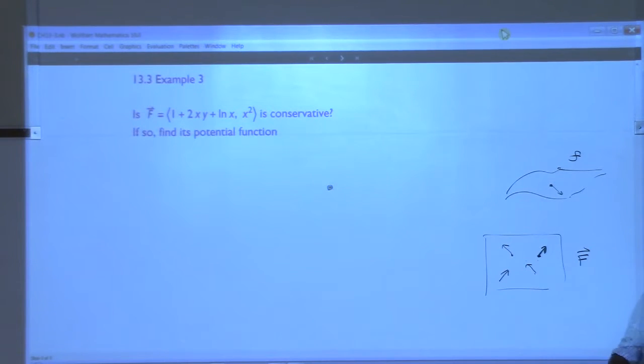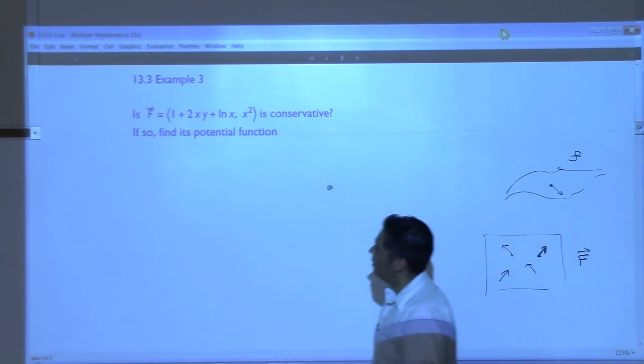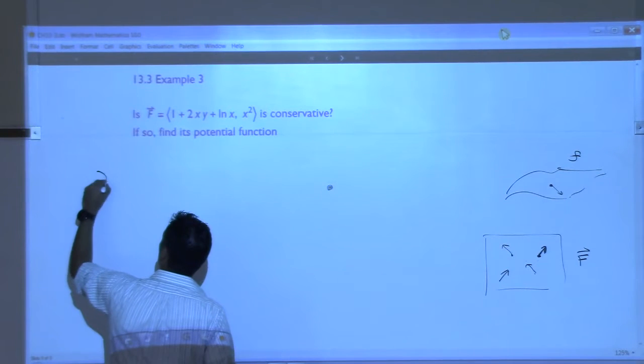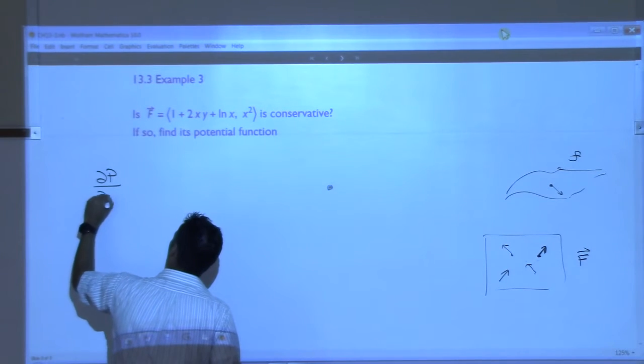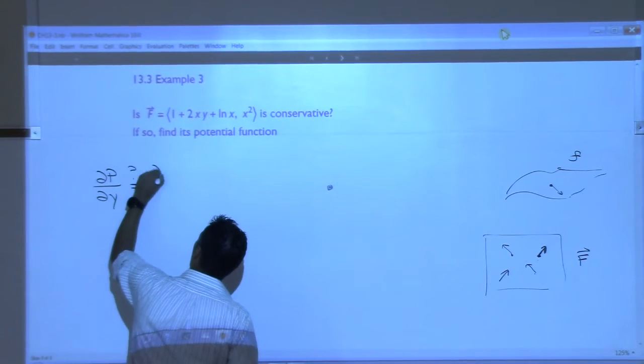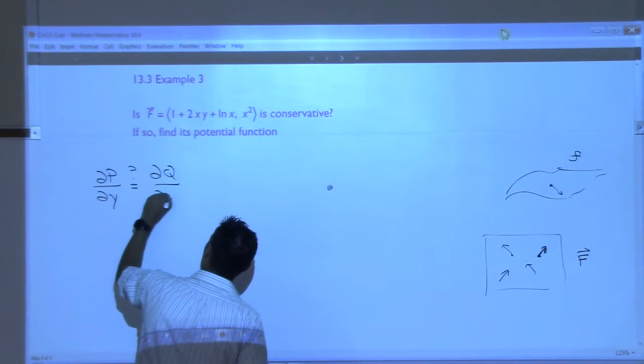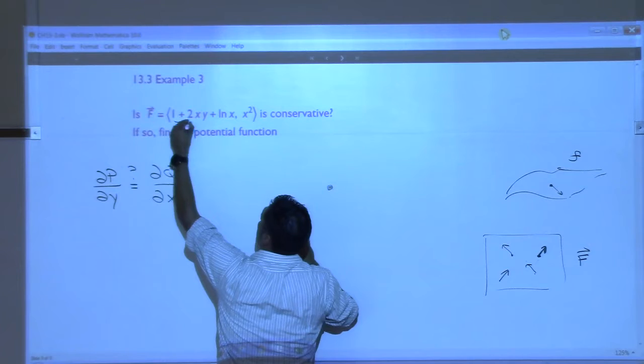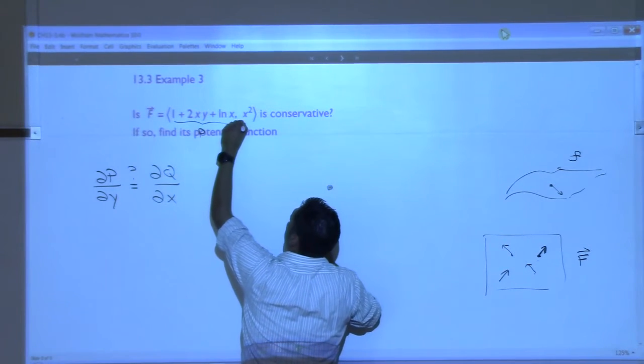How are you going to answer the first question? Yeah, so we're going to use this. Go ahead and let's do this check. We're going to be checking: is the partial of p with respect to y equal to the partial of q with respect to x? Which one is p? The left one. So this one is p, and this one right here is q.